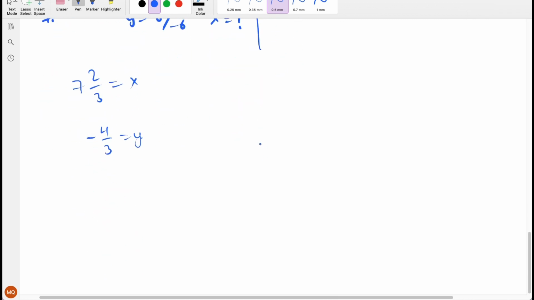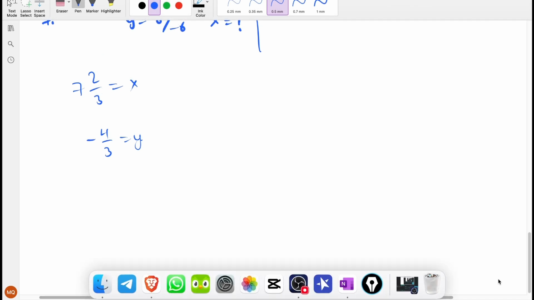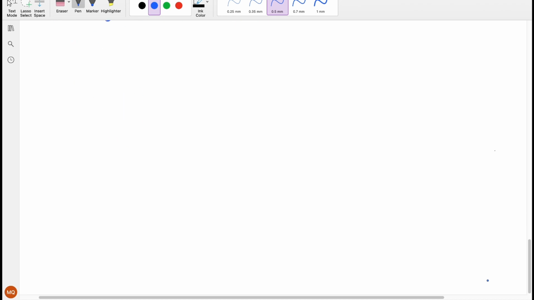Okay, we learned how to find the solution of a system of equations. Now let's look at how to find the number of solutions for a system of equations.